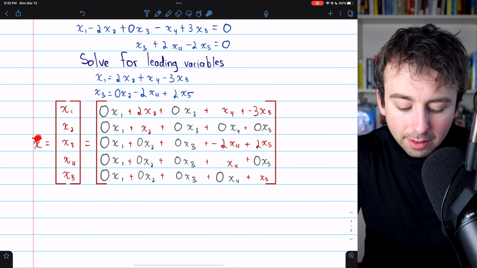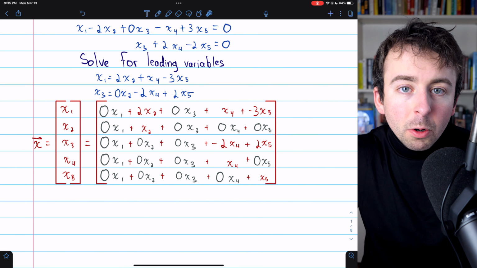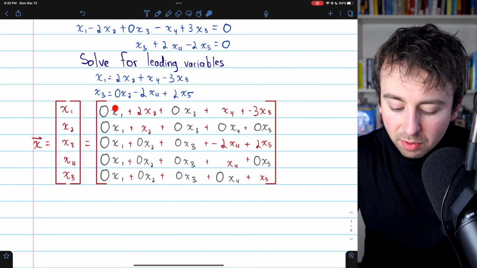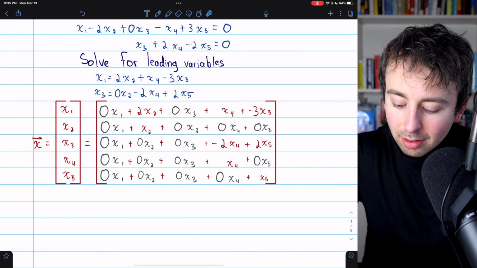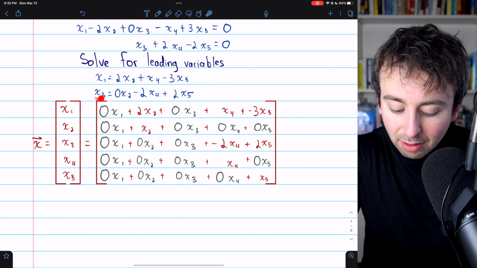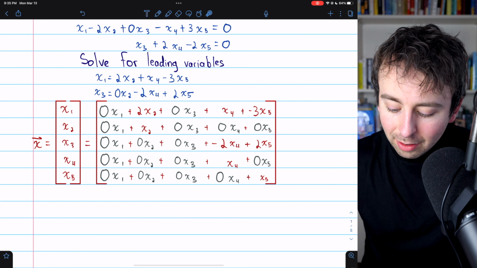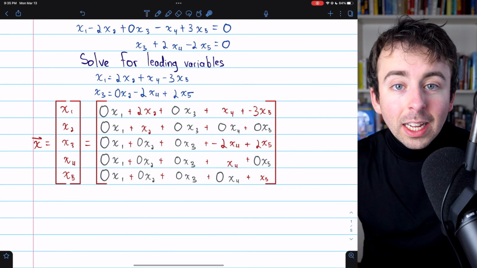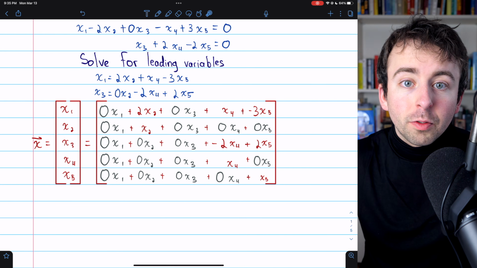So any vector x from the null space is going to have 5 components, x1 through x5, and we now know how those components must relate. x1, for example, contains 0x1s, 2x2s, 0x3s, 1x4, and minus 3 x5s. x3, on the other hand, contains 0x1s, 0x2s, 0x3s, negative 2 x4s, and 2 x5s. You can see how we use these equations to write this general form of a vector from the null space.